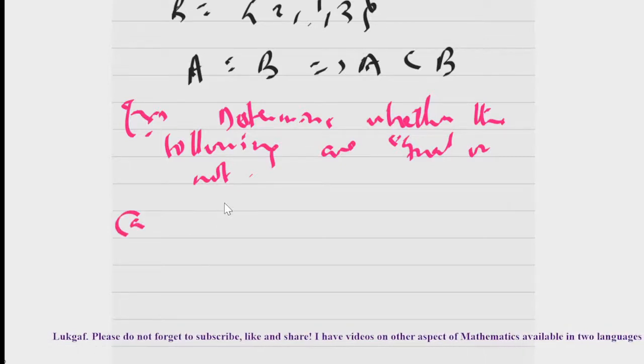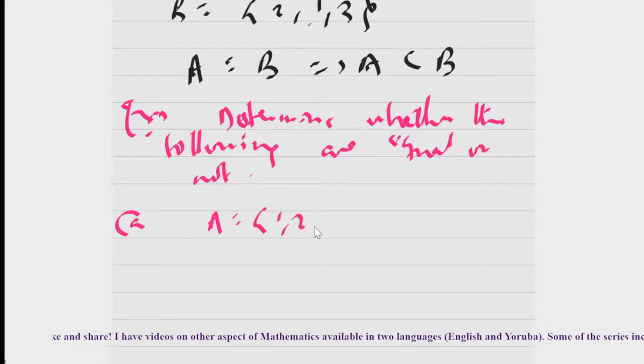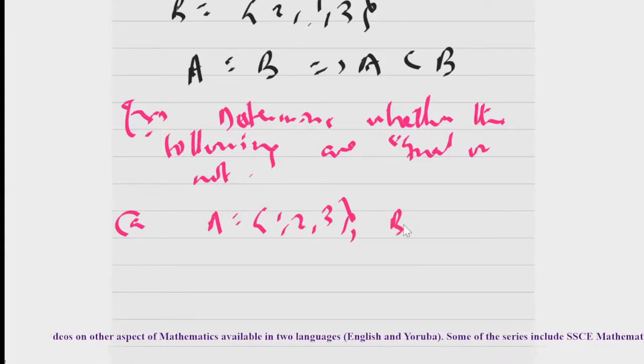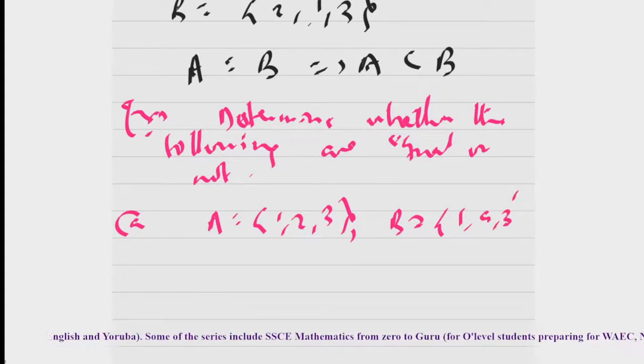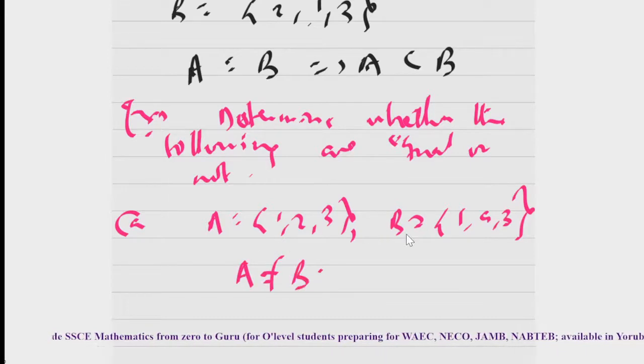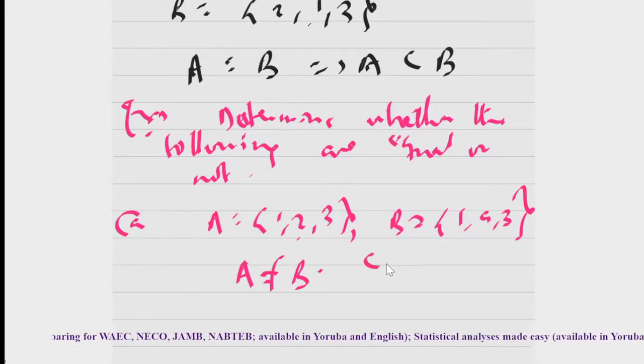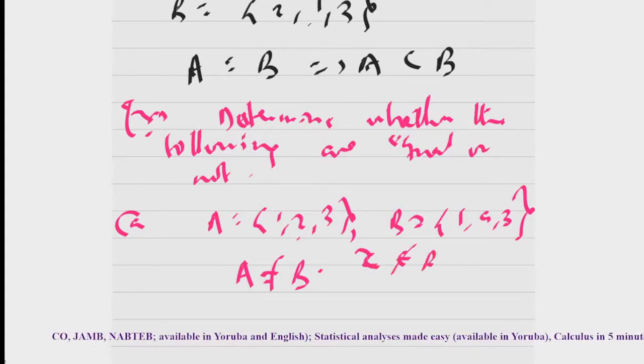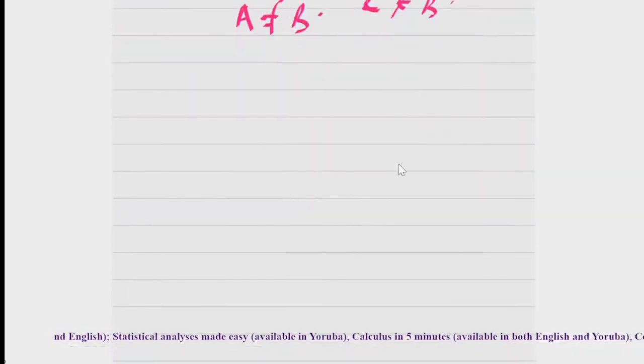Number one, I have A to be 1, 2, 3, and B is equal to 1, A, 3. Are they equal? They are not equal, although they are equivalent, because if you check, is A a subset of B? No, because 2 is not an element of B. So that's equality of a set.